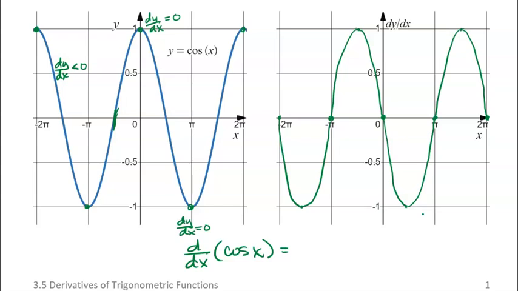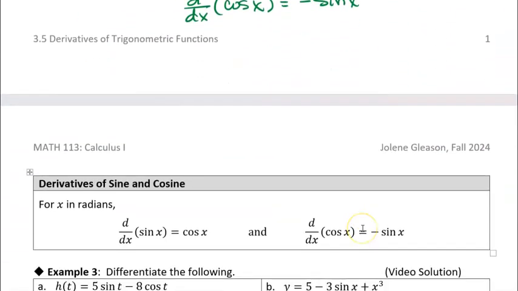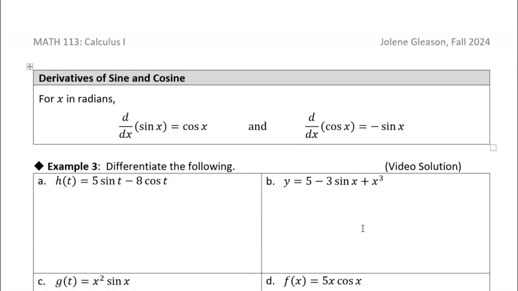If I start from 0, 0, it goes down first and then up. So it's basically a sine function, but reflected across the x-axis, and so it's a negative sine of x. That is the derivative of cosine of x. This is the end result, that the derivative of cosine is a negative sine.